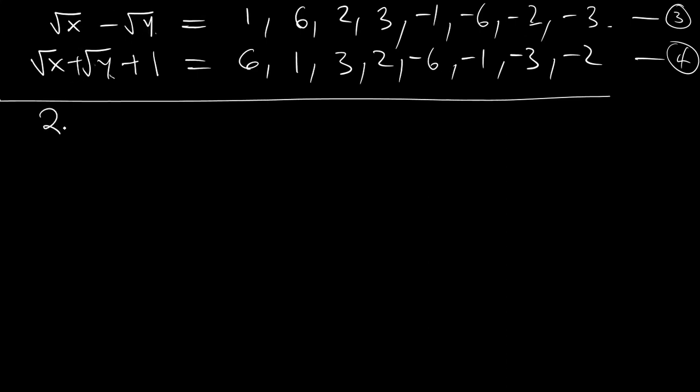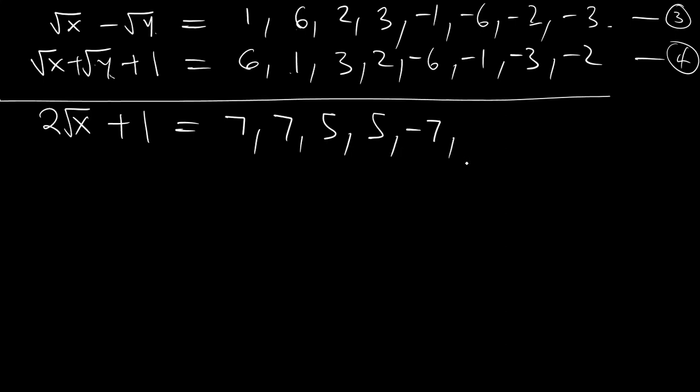You now have 2 root x plus 1 equal to 1 plus 6 is 7. 6 plus 1, 7. This is 5.